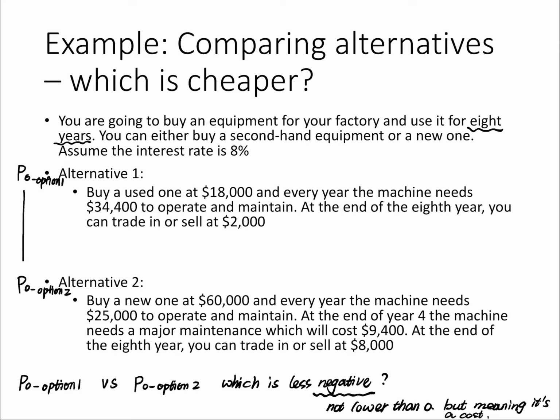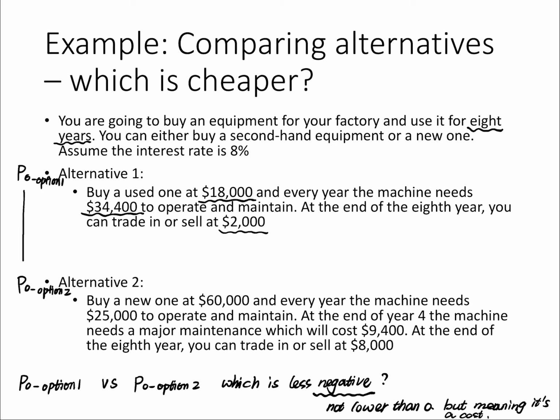Okay, so now let's take a look at these two options. Option 1, you buy a used one at 18,000. And then every year the machine needs this much, 34,400, to operate and maintain. Okay, you want to use it, you want to maintain it. That's the total net cost every year for using that machine.